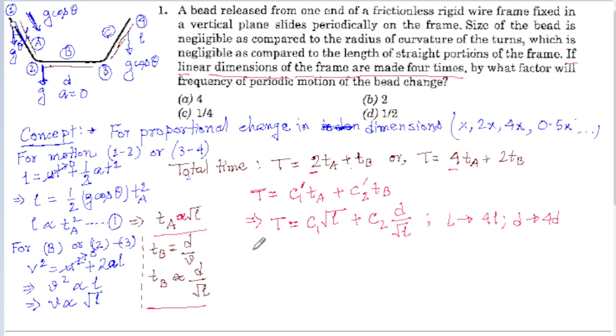Therefore we can replace the new time, let this new time be t dot, which equals c1 into the new length, root 4l, plus c2 into d, now becoming 4d, divided by root l, now becoming root 4l.